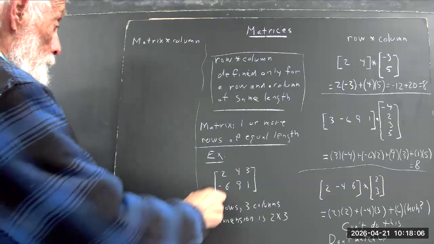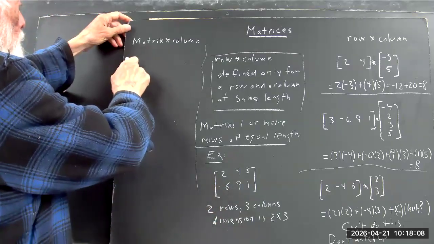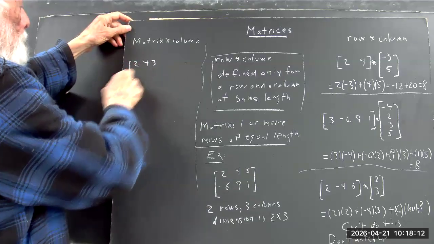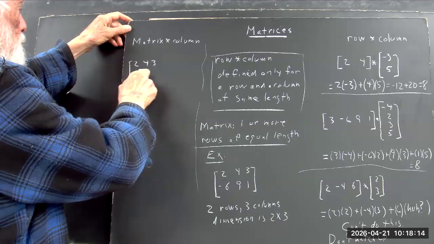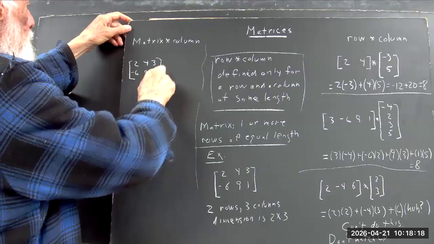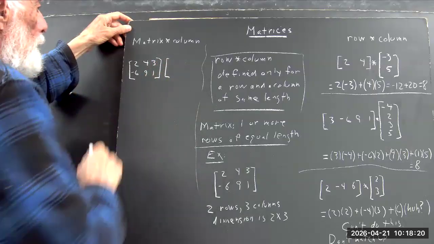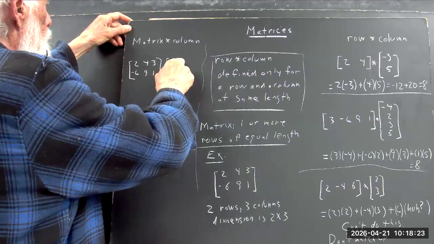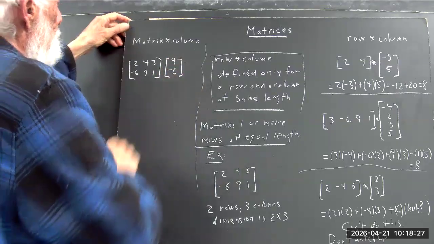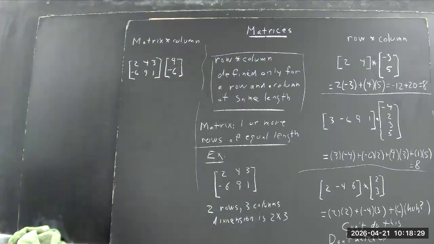Matrix times column. Let's take the matrix we just wrote down. Matrix with first row 2, 4, 3. In the second row, -6, 9, 1. I'm going to multiply that by a column, 4, -6.